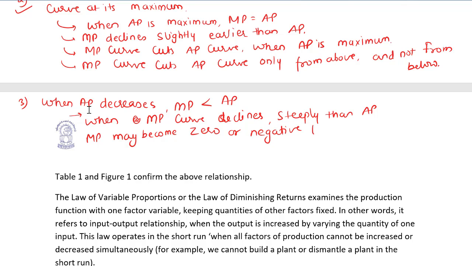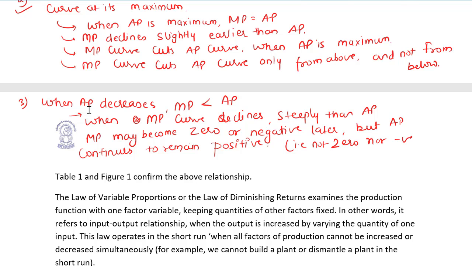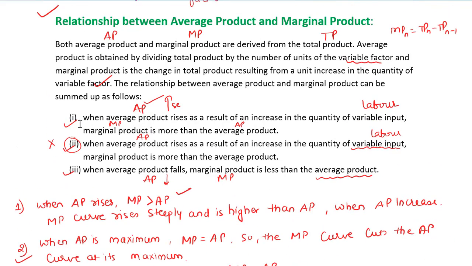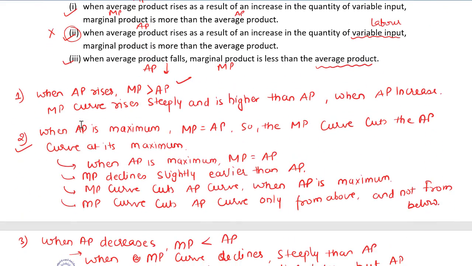First it will become 0 and then later it will become negative. But average product continues to remain positive, that is, not 0 nor negative. Understood? So that is the relationship between average product and marginal product.